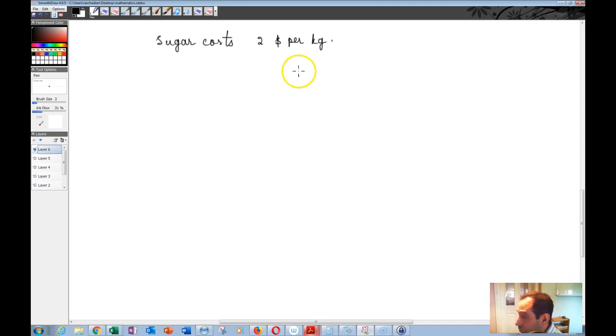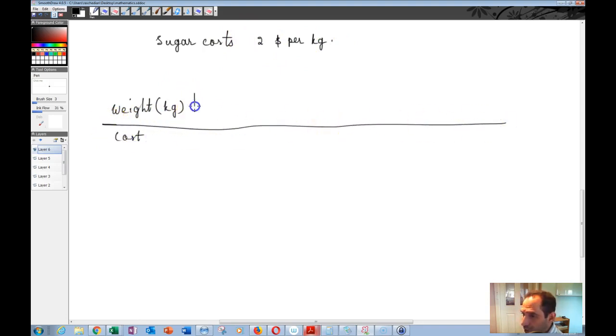Okay, so if sugar costs $2 per kilogram, then you can have a table of the possible weights of the sugar in kilograms, and the cost of the sugar for that amount, in dollars.